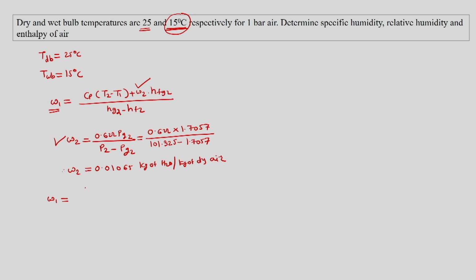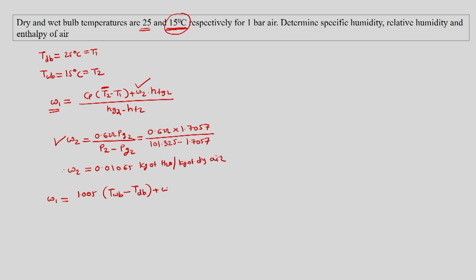So omega 1 is equal to Cp, which is 1.005 for air. This T2 is the temperature which is basically the wet bulb, and this T1 is basically the dry bulb. Basically these are the temperatures at the inlet and at the outlet of the adiabatic saturation temperature measurement experiment. So here we have this as T1 and this as T2.